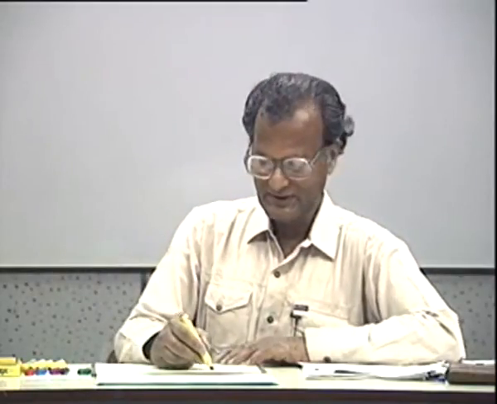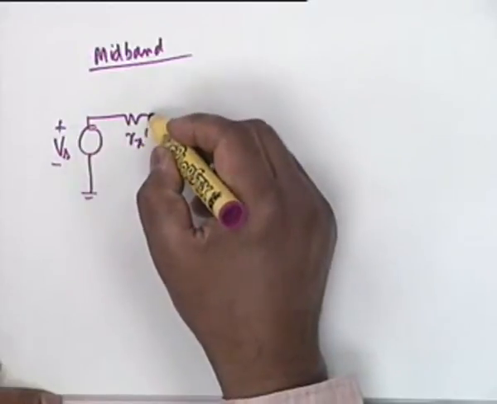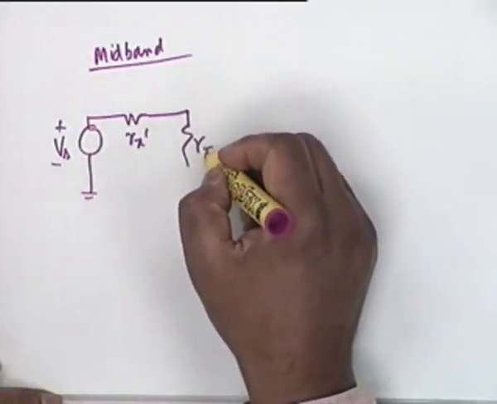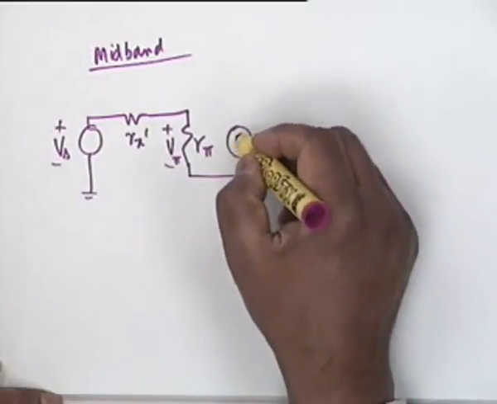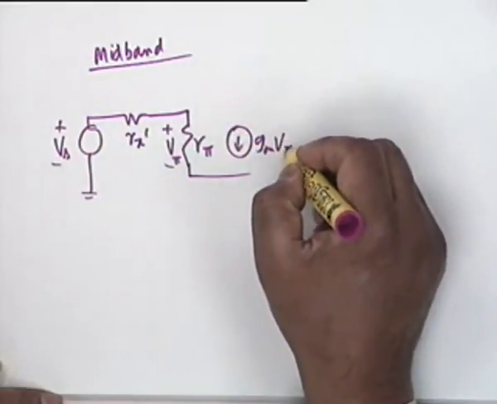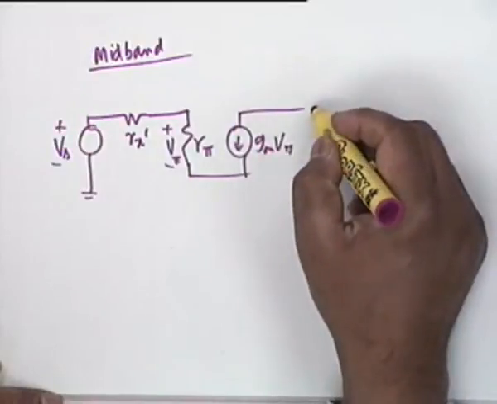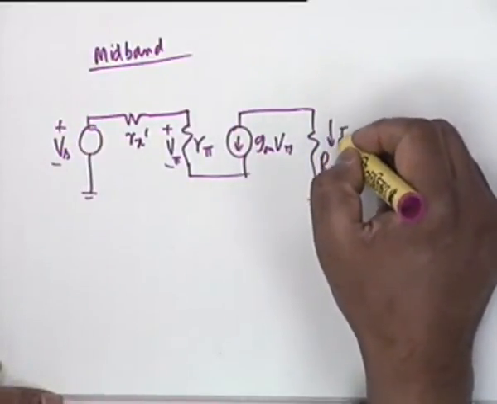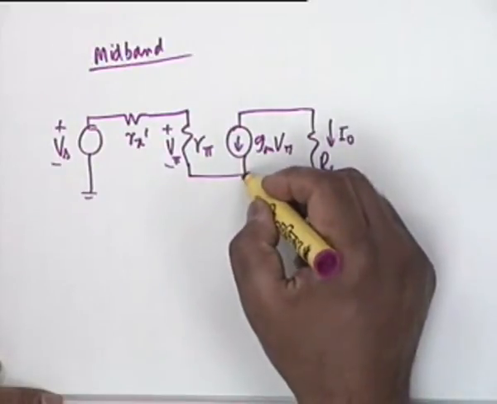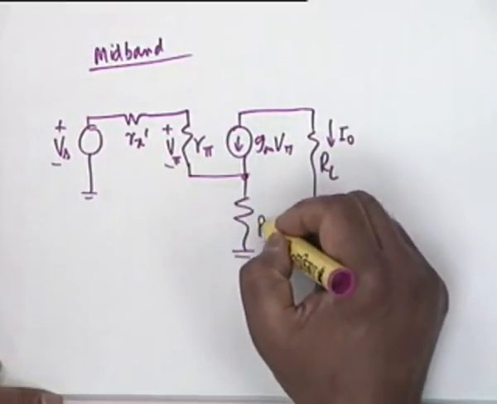Let's see. This is Rx', then you have Rπ, this voltage is Vπ, gm Vπ, and RL. This current is I0, this resistance is Re.